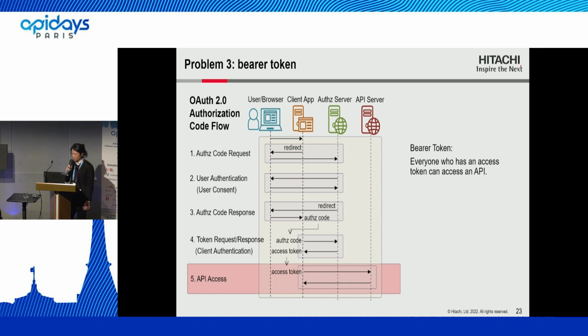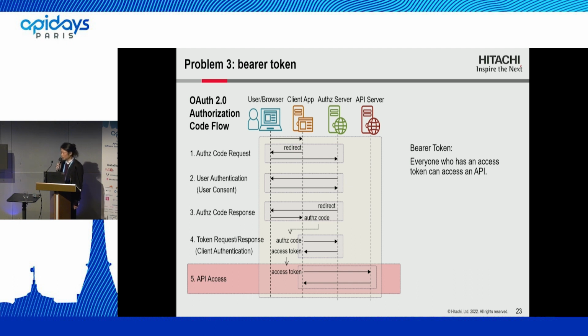The third problem may arise when the client application tries to access an API by using an access token in bearer token usage. The RFC 6749 OAuth 2 protocol does not describe how to use an access token when the client application tries to access an API.